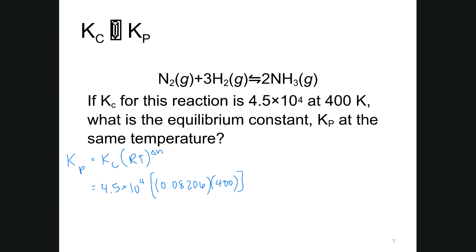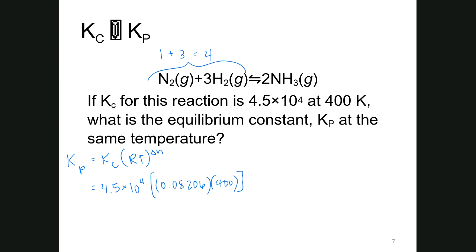So here's a chance for us to look at what that means. On the left side of our equation, we can add up our coefficients. There's technically a 1 in front of the nitrogen and a 3 in front of our hydrogen. So we have a total of 4 as our stoichiometric coefficients on the left side of the equation.